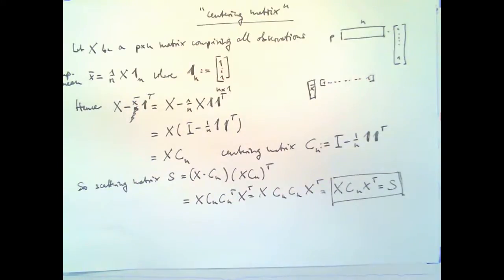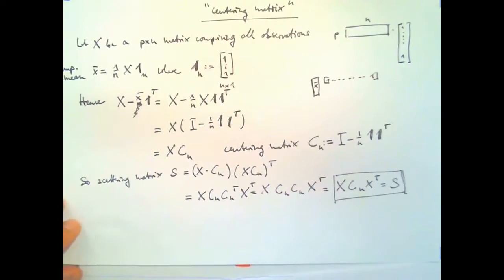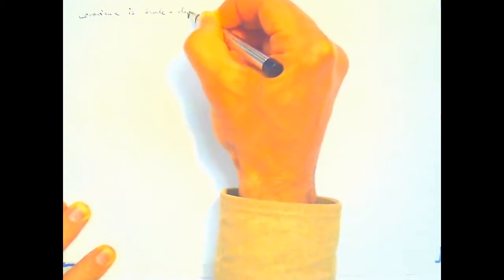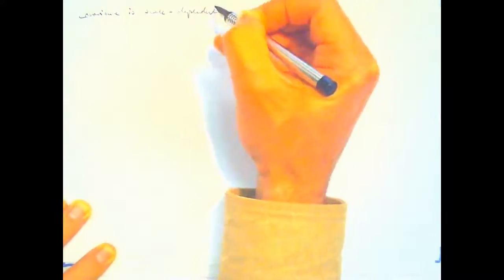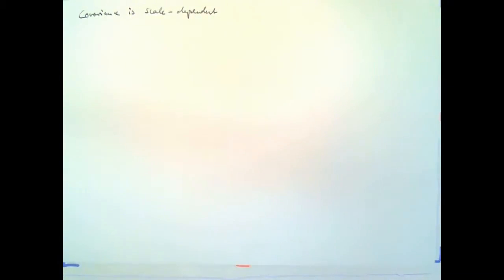Okay, now any questions so far? Go ahead. Is covariance scale dependent? That is not bad per se, because it can tell us what the spread of a random variable is.